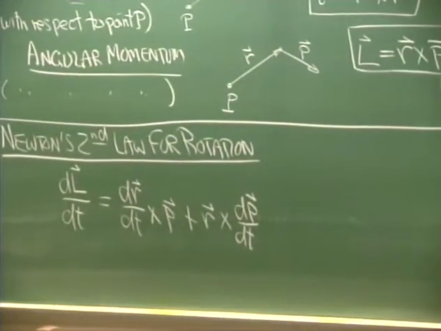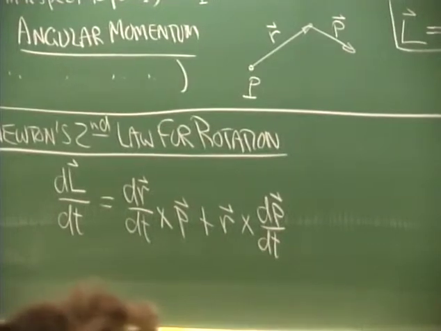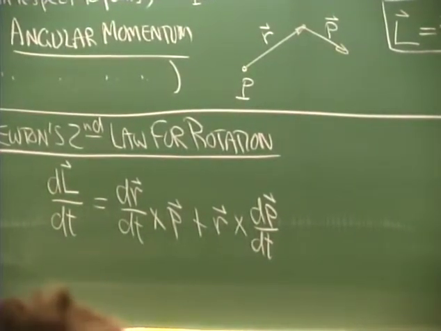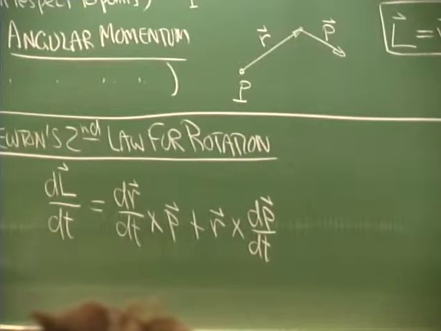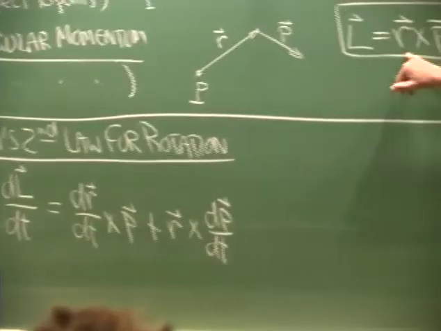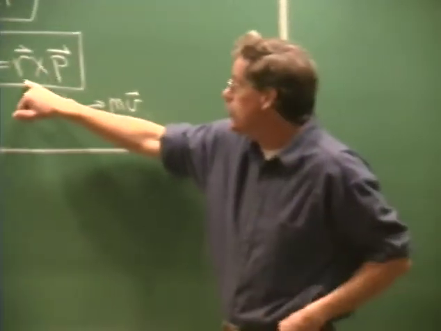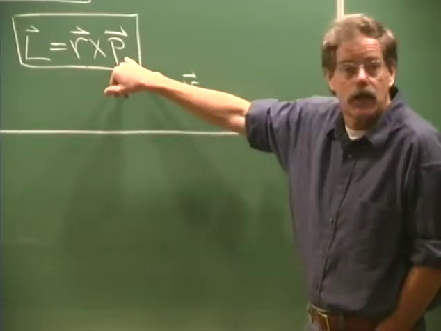Somebody's thinking, wait a second, I understand the product rule for just an ordinary product of two functions, but this is the cross product of two vectors. Are you sure it still applies to cross products of two vectors? Yes, I am, because I checked it out. What these correspond to is a whole set of 6 different terms that involve a product of one of the components of this times one of the components of that.